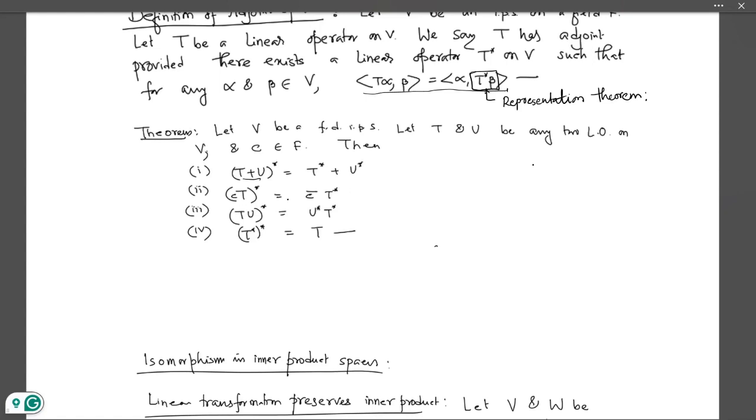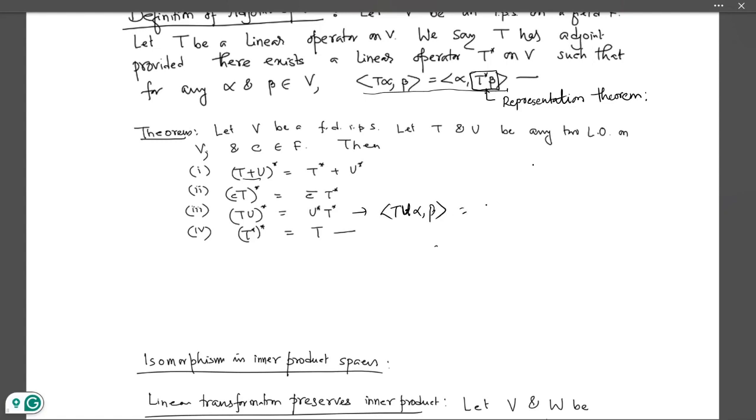So (cT) star is equal to c bar times T star. Then (TU) star is equal to U star T star. Here we have a reversal. For this, let me do a few things. Consider the inner product of TU alpha with beta.